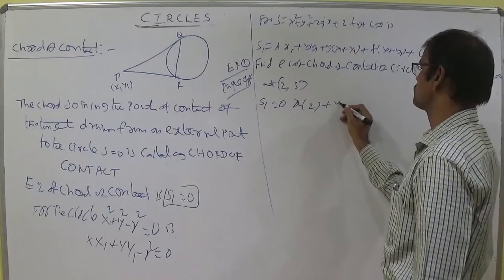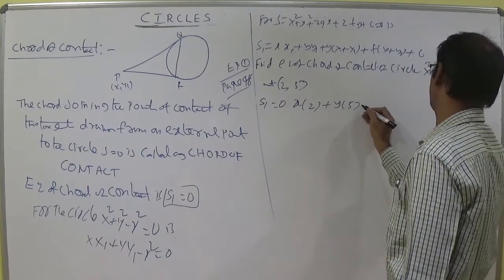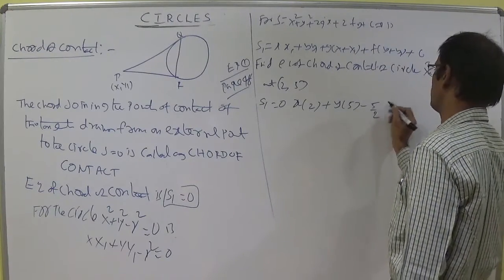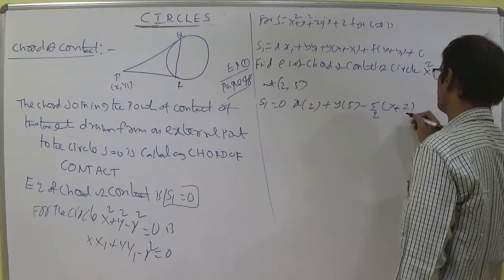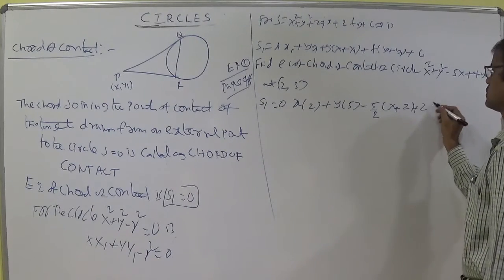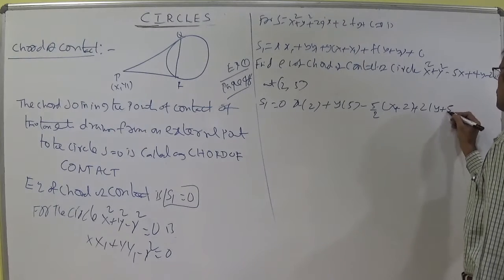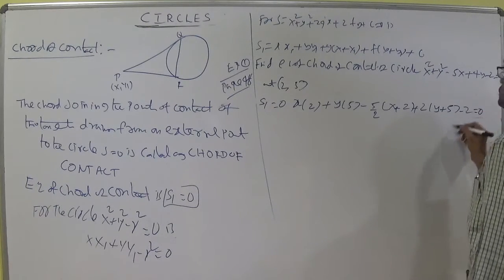So x into 2 plus y into 5 minus 5 by 2 into x plus 2 plus 2 into y plus 5 minus 2 equal to 0.